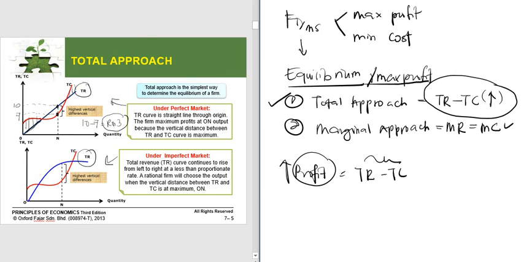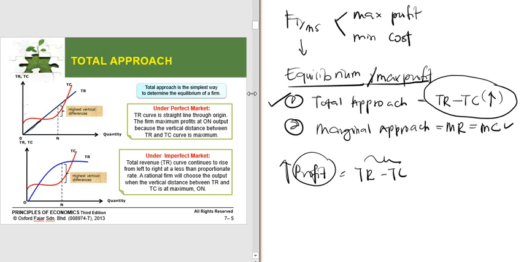Now let's look at how firms in an imperfect market decide on their equilibrium level or maximum profit. If you look at this graph here, you have total cost and total revenue, which are curvy like this.